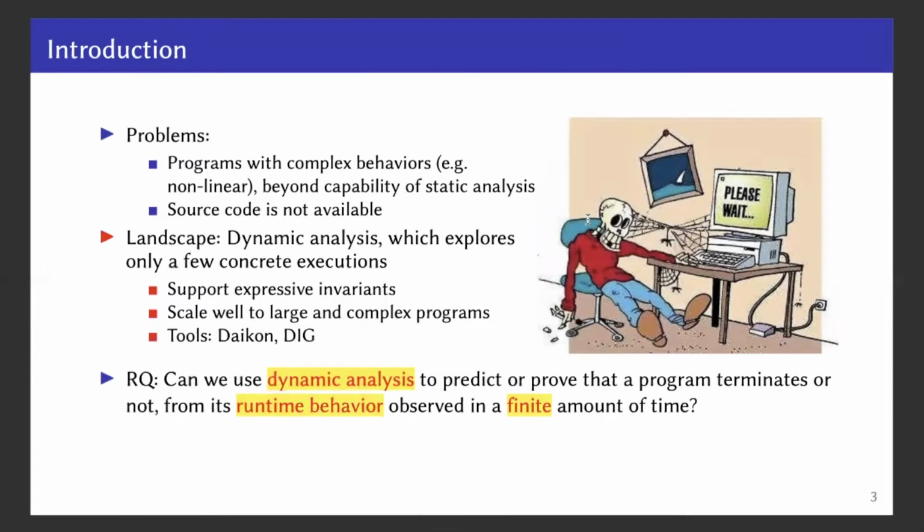Besides static analysis, we also have dynamic analysis, a technique which uses only a few concrete executions to infer reflexive invariants. The technique scales well to large and complex programs, and tools are available. Although dynamic techniques are unsound in general, they seem to fix the above problems.